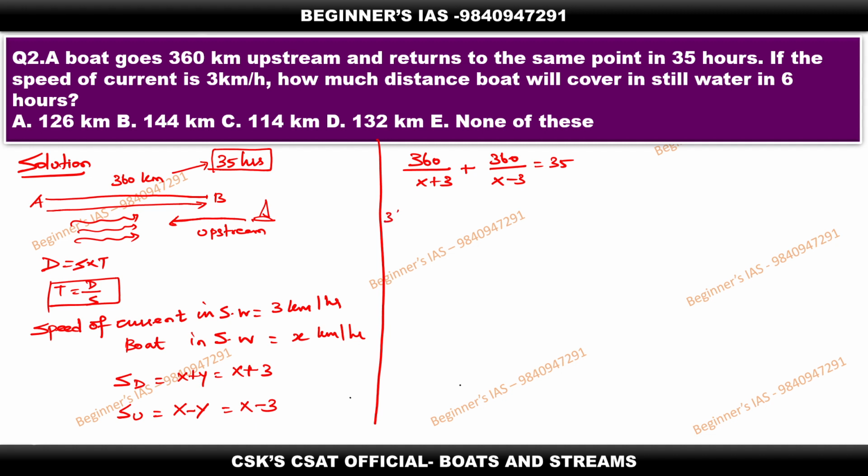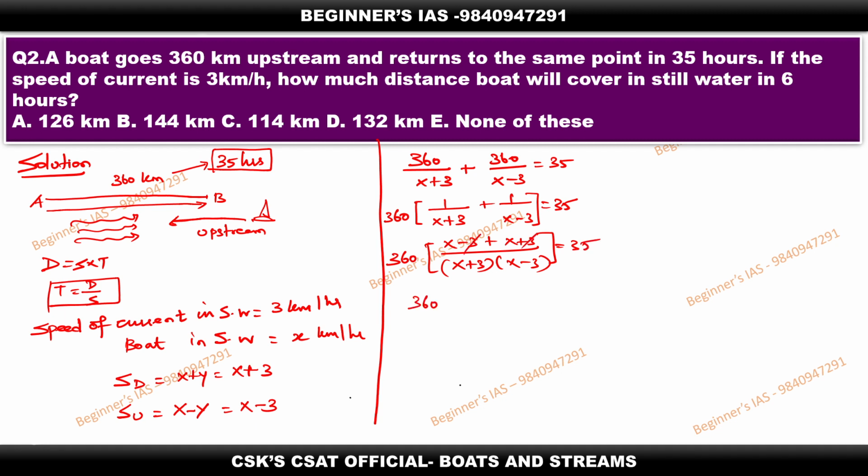Now you can take 360 as common. So then 1 by x plus 3 plus 1 by x minus 3, which is equal to 35. Then you can do the cross multiplication: x plus 3 into x minus 3, which is equal to x minus 3 plus x plus 3, which is equal to 35. Then cancel this one.